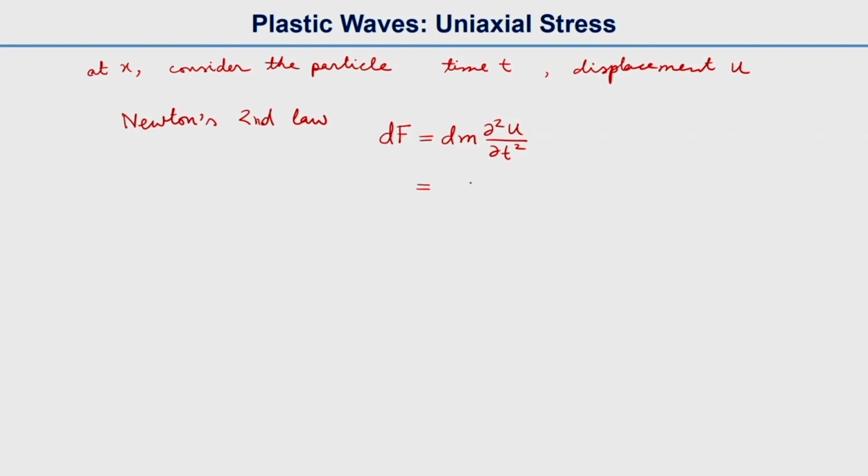of that small element particle, which can be written as the initial density rho naught into the volume of this small element, and again the second partial of u with respect to t. Again we can write initial mass density into initial cross sectional area, and then dx is the thickness of the small element.